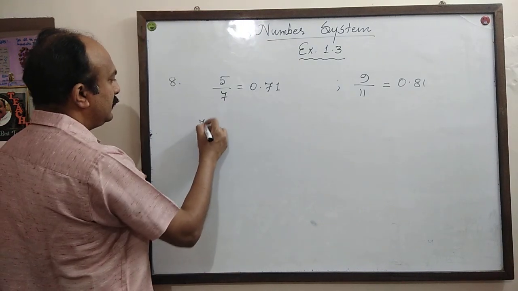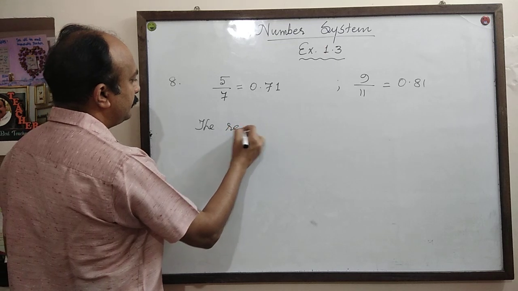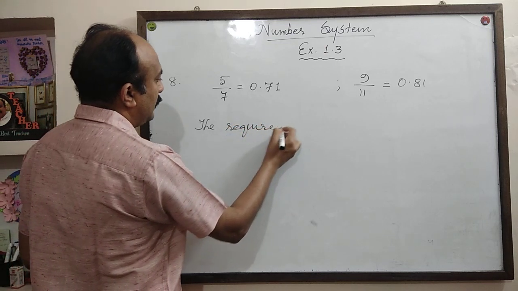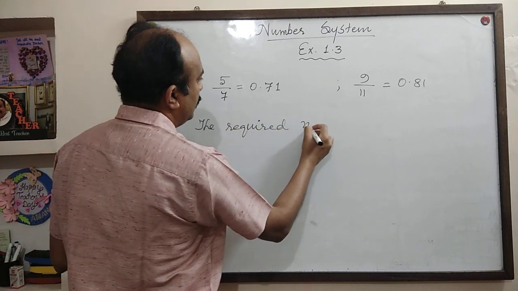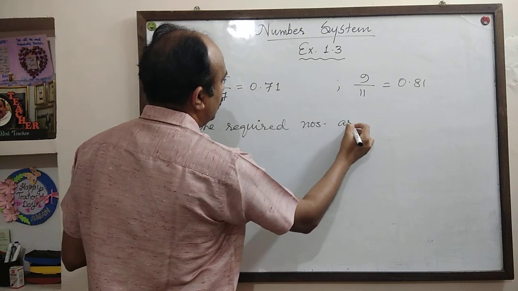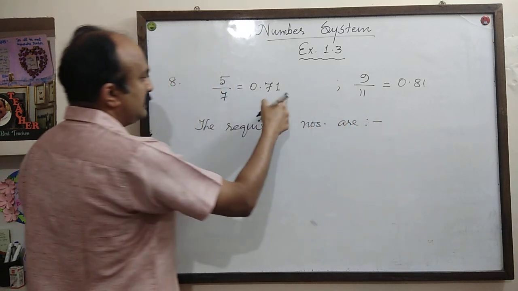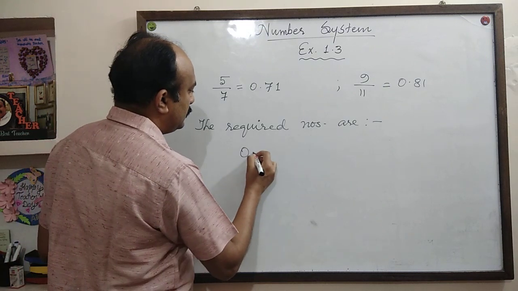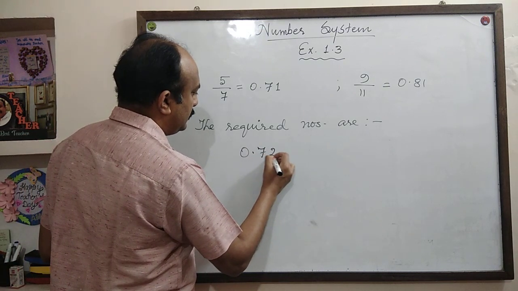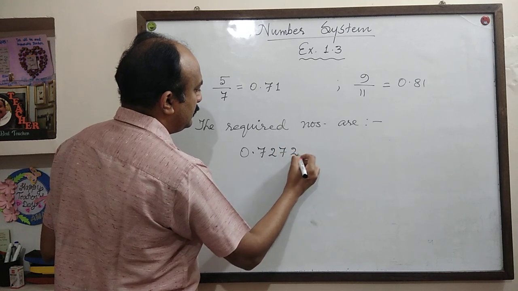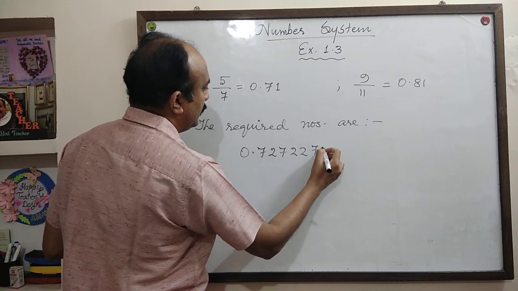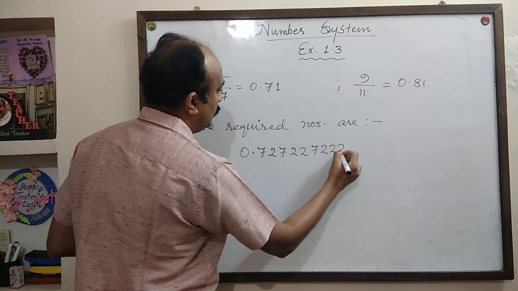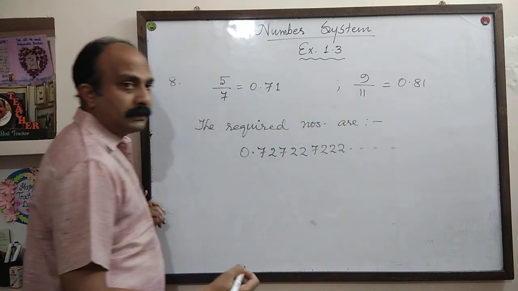So we can write the required numbers. I am starting with 0.72, 0.722, 0.7222 dash dash dash.